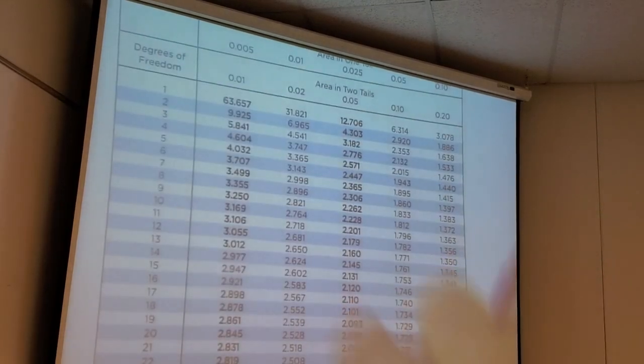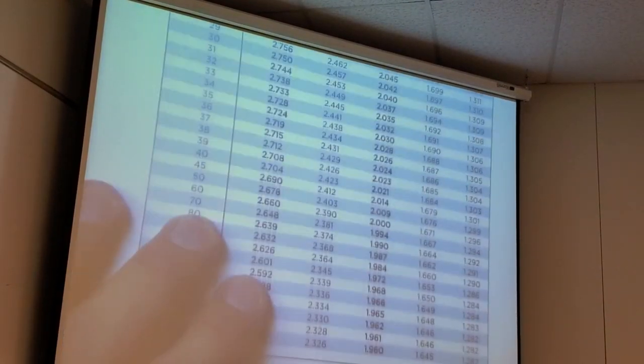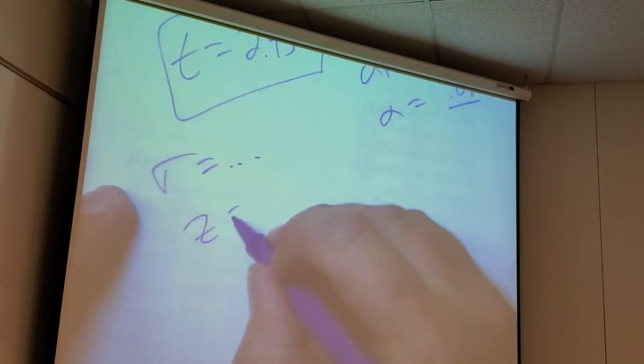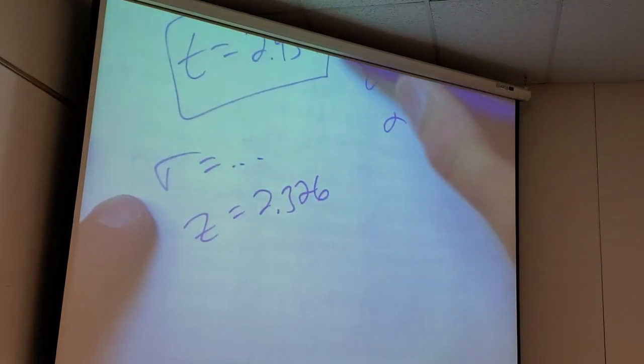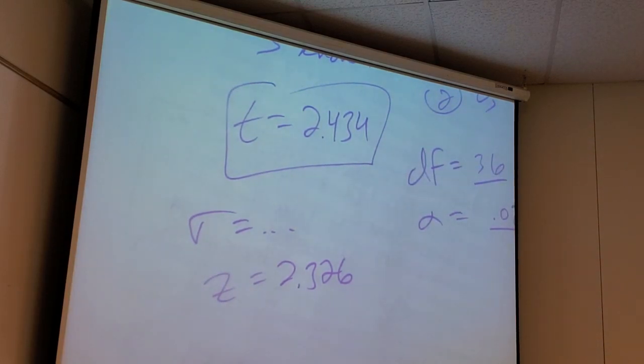So I would still use this chart. I go to 0.02, two tails, all the way down to the bottom, 2.326. So z would be 2.326. The t-score will always be a little bit bigger than the z-score, because its job is to cover us a little more because there's something I don't know. I don't know how spread out the data is.